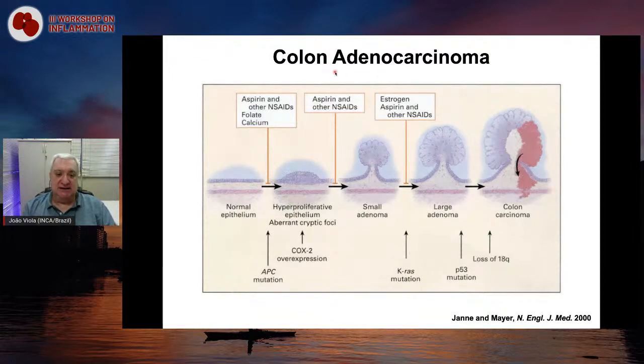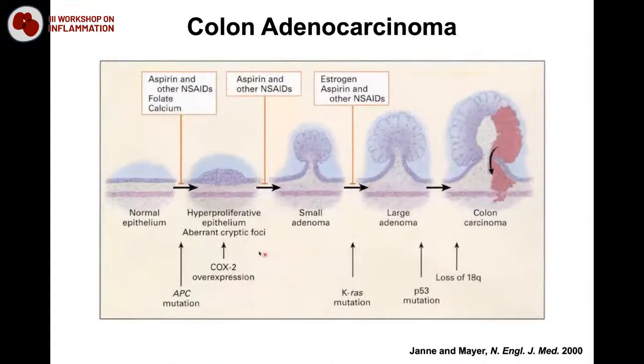Then I would like to show you first the model for cancer progression in colon cancer, in adenocarcinoma of the colon. In this type of cancer, it has been shown that inflammation is a very important phenomenon in the initiation of colon cancer. We have the APC mutation, followed by the overexpression of COX-2, the cyclooxygenase 2, which produces important lipid mediators of inflammation, including prostaglandin.